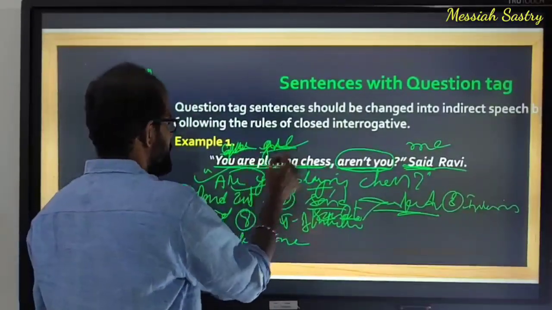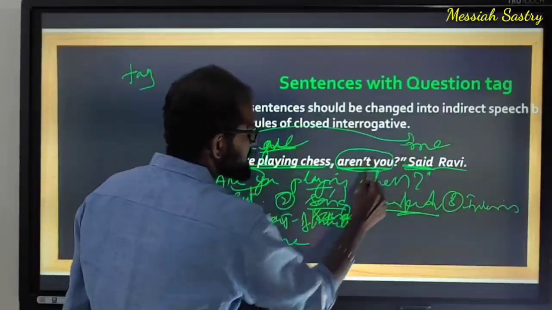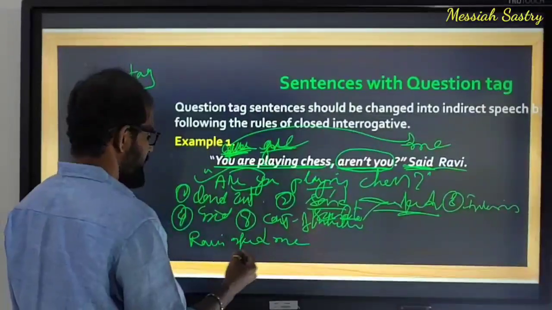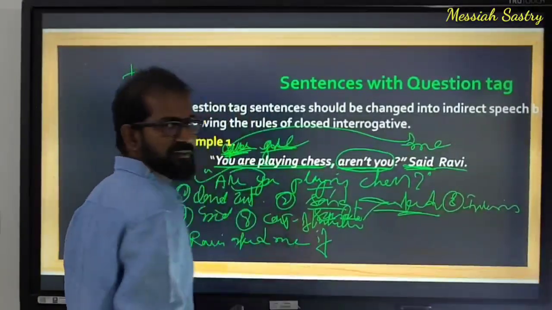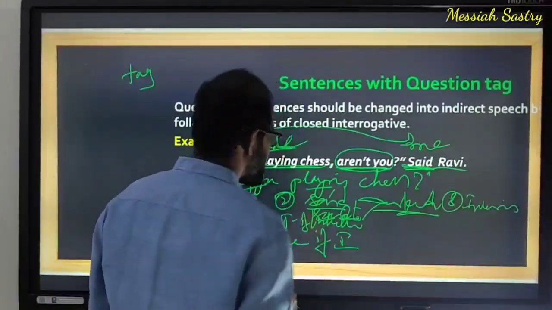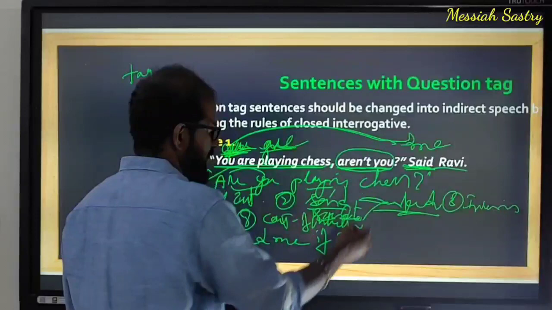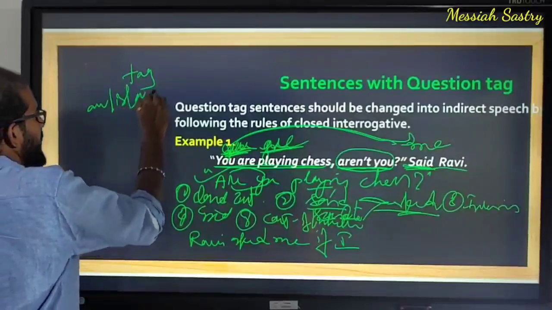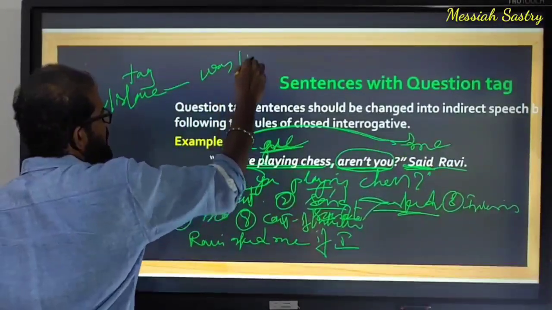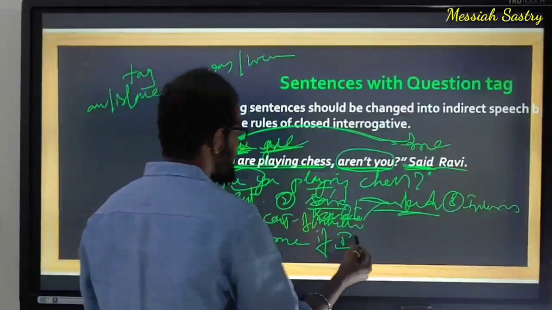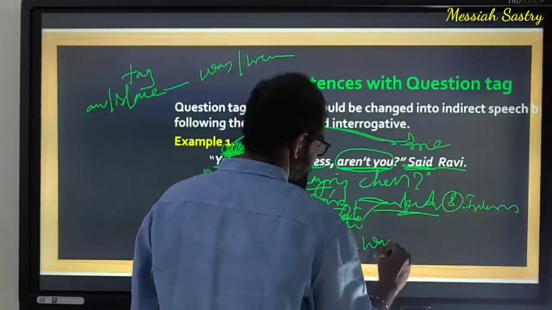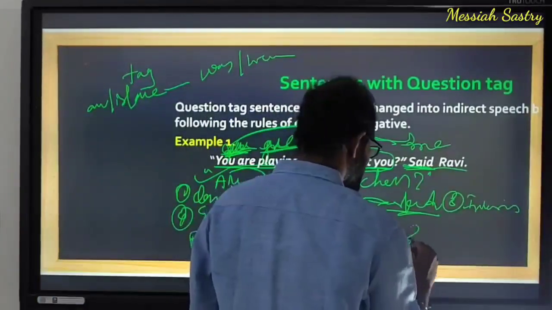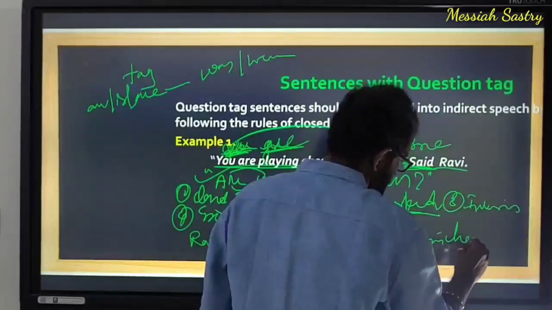U means who is the listener? Me is the listener. Ravi asked me, conjunction if, I, that you refers to me. Me is I. R, that is am, is, are, changes to was or were. I was. Ravi asked me if I was playing chess. Full stop.